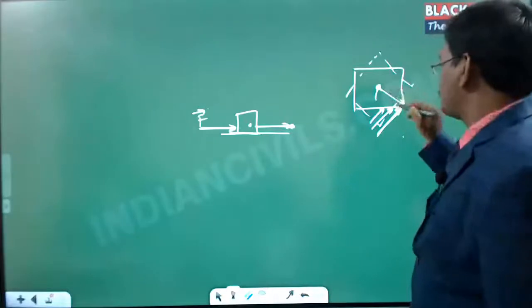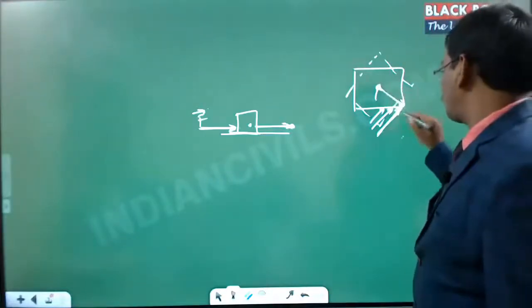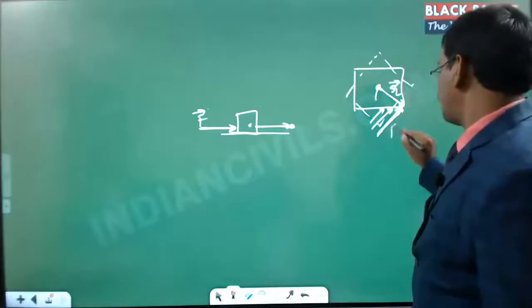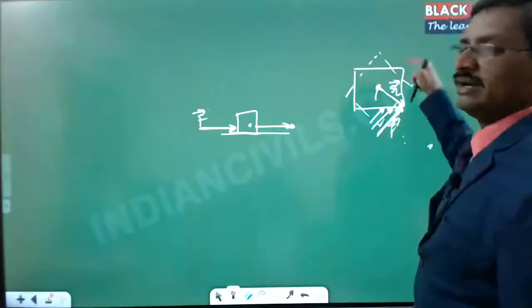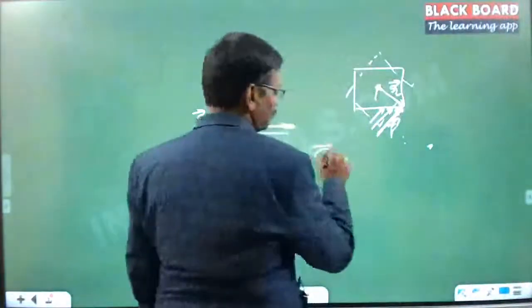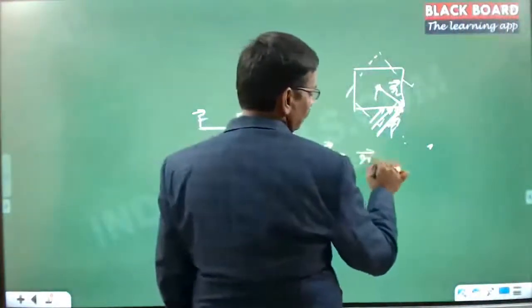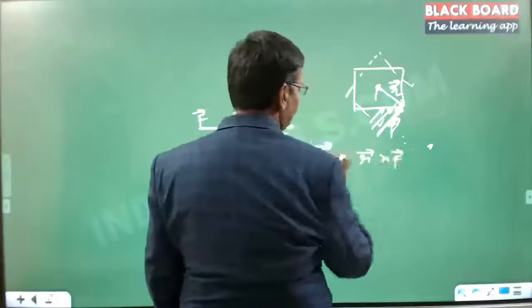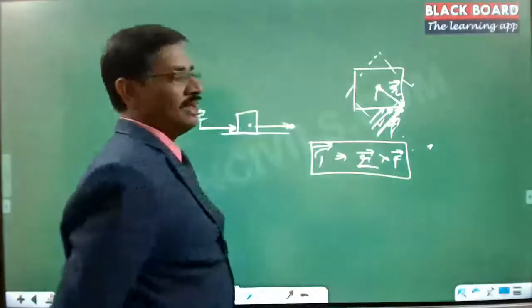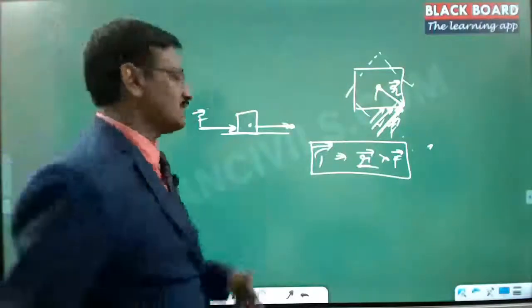With respect to the axis, how far you have applied the force, both of these values, this R value and this F value together, will decide how much it has to rotate. So torque is equal to R cross F. That means force and the distance where it was applied together decide the amount of twisting force.